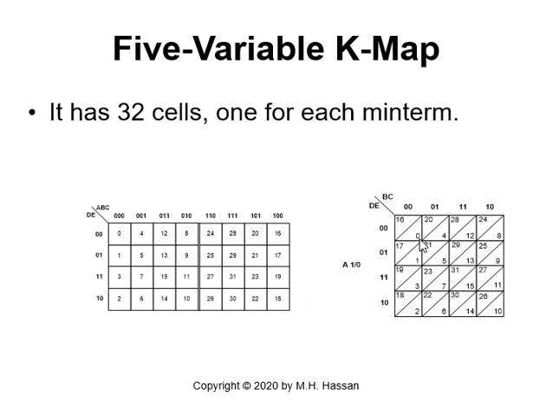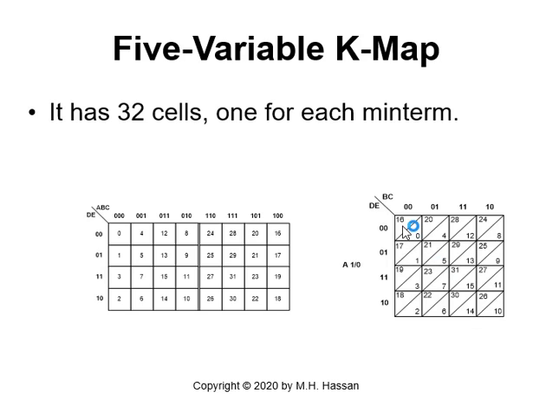Or we can go to the 4 variable map and divide every cell into 2 cells, where A is 1 on the top cell, it is the most significant bit. This is the key here, 1 on this cell, and 0 on this cell. So the minterm locations will be 0, 1, 2, 3, 4, 5, 6, 7 on the lower cells, 8, 9, 10, 11, then we jump, 12, 13, 14, 15.